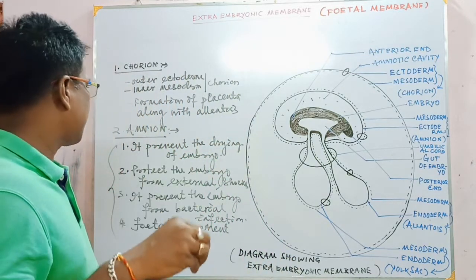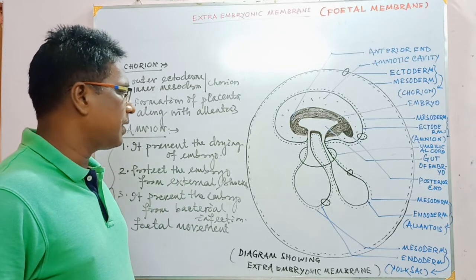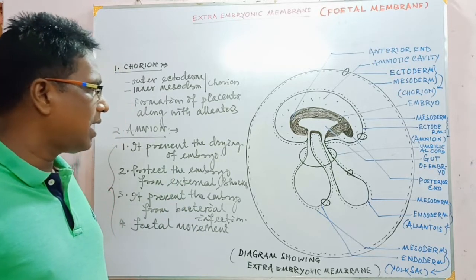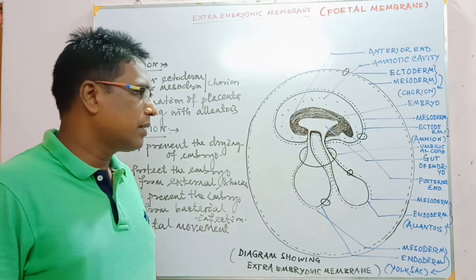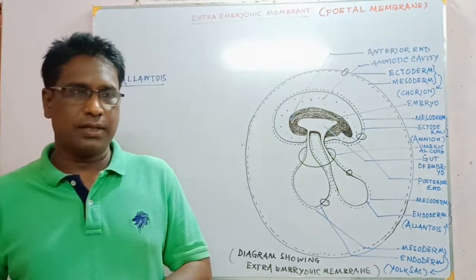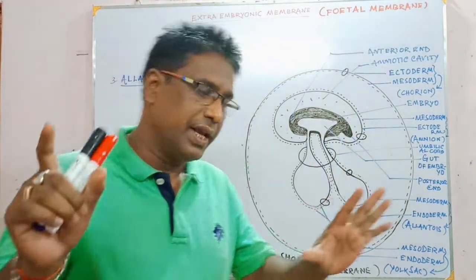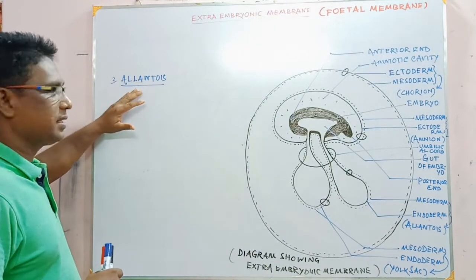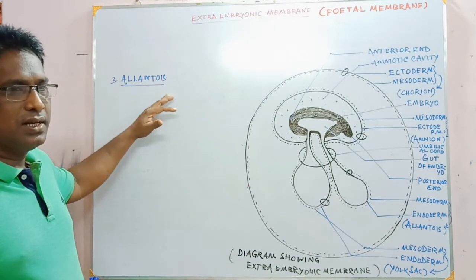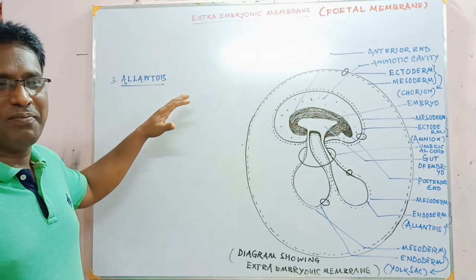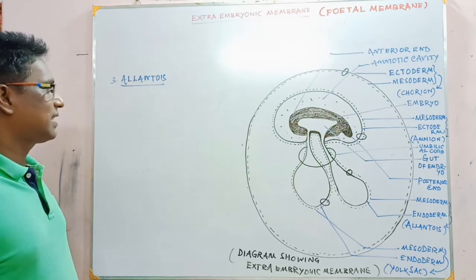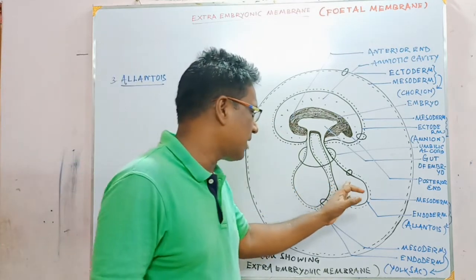The next extra-embryonic membrane is allantois. So here is the allantois.